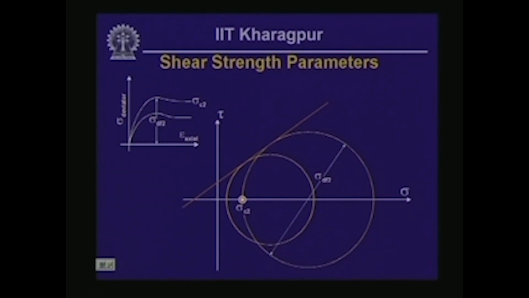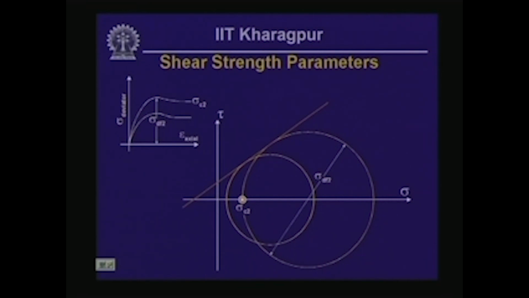The failure is denoted by subscript f, and the second test by subscript 2. As we did for the first test, the minor principal stress is sigma c2, slightly larger than the previous value.